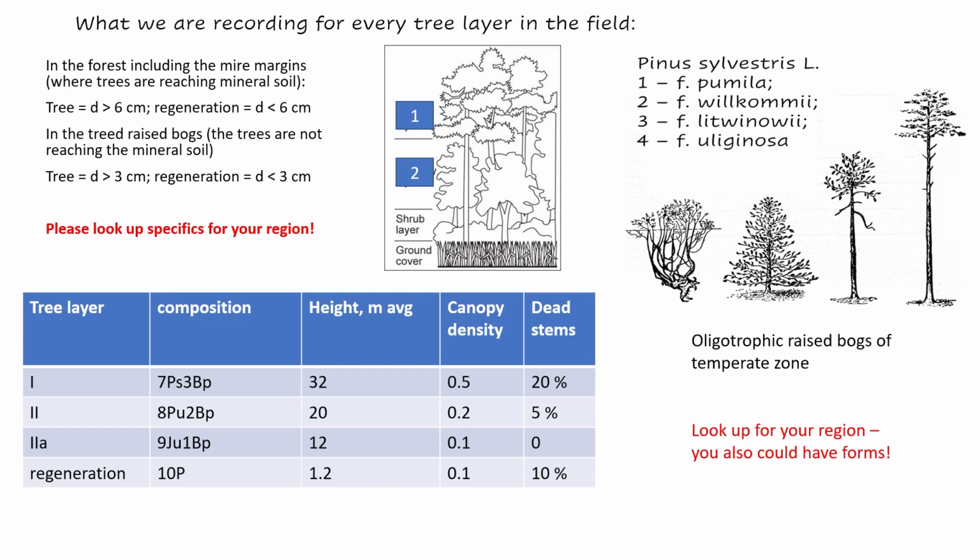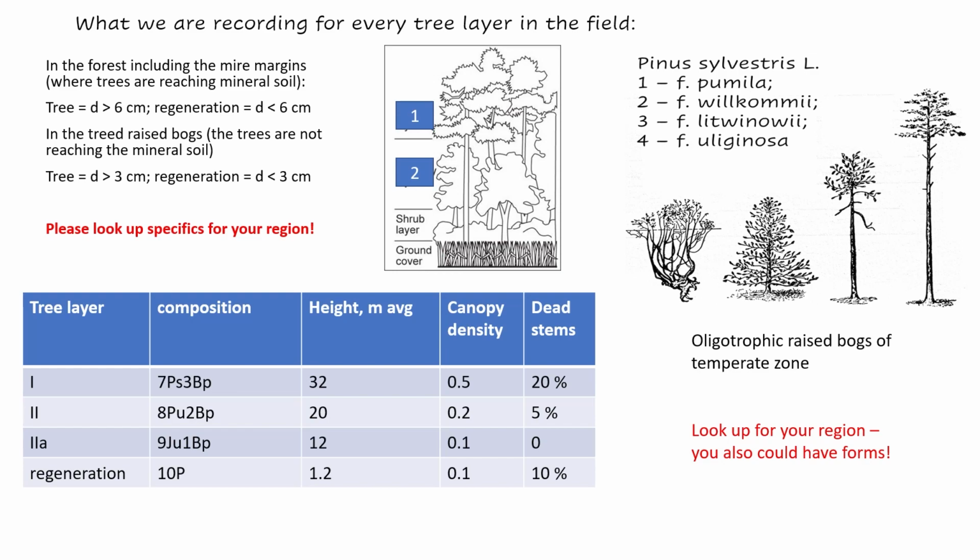And then the second layer the same. You also put a formula separately for the second layer, and if you have a sublayer, you have a formula for the sublayer, and also separately you put a formula for regeneration. This is the composition. Then you give the average height of the layer and canopy density for the layer at this time.